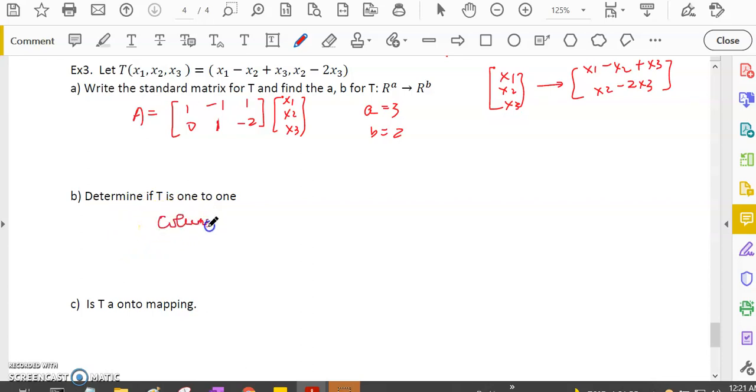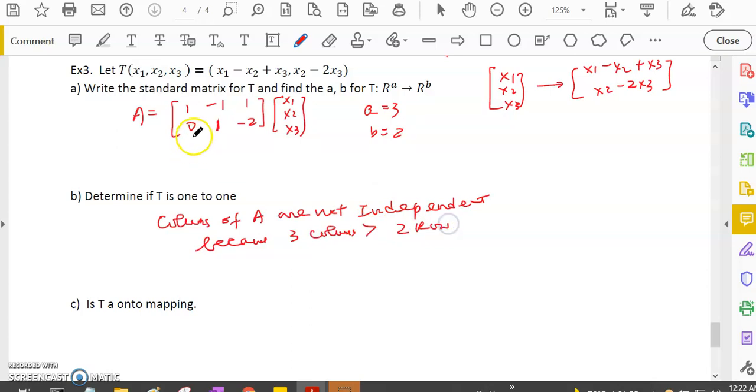So the columns of A are independent if it is one-to-one, but it is not. How do I know? Because the number of columns is more than the number of rows, so they are not independent. We have 3 vectors, which is greater than 2 rows.